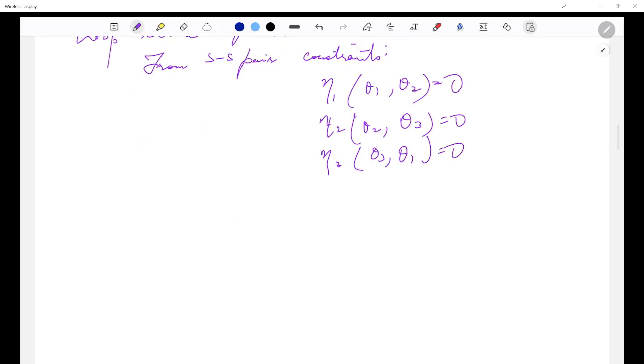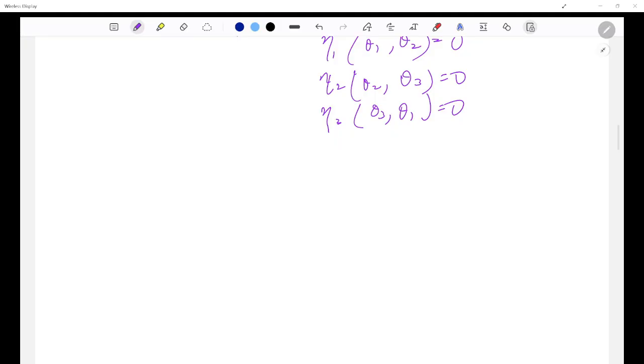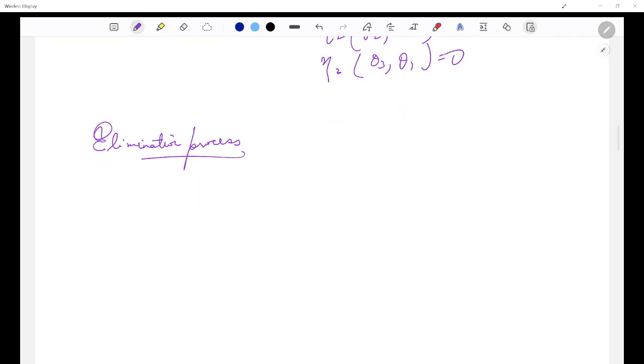So these are 3 non-linear equations in 3 unknowns, and then we use the elimination process as it is done in the literature. And what does it do? What is the process here?